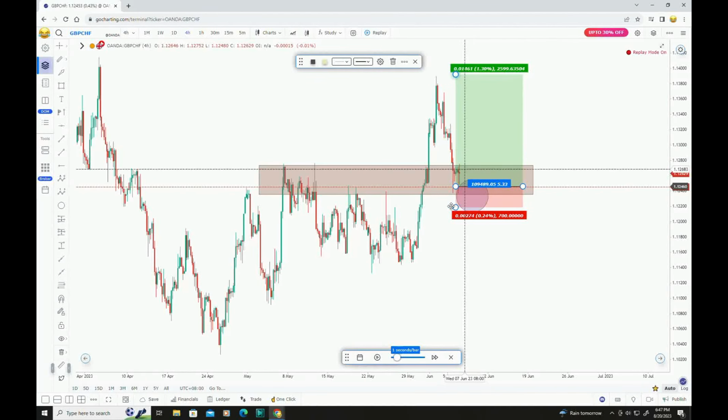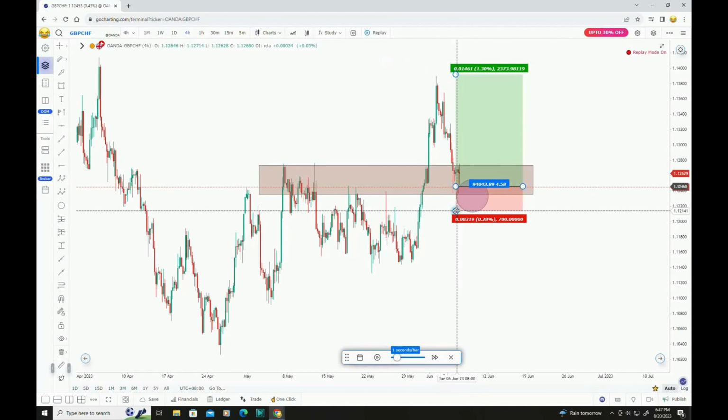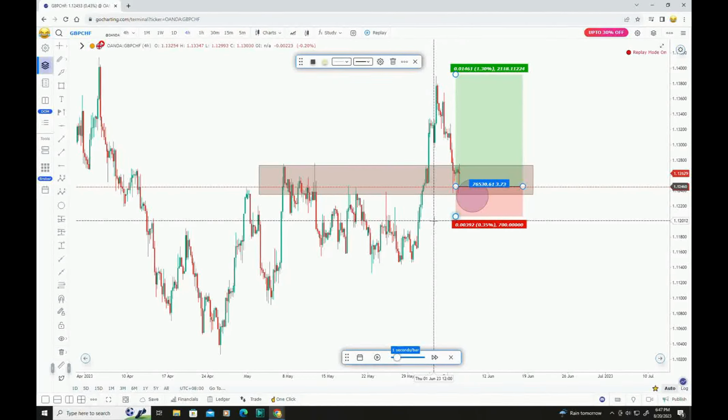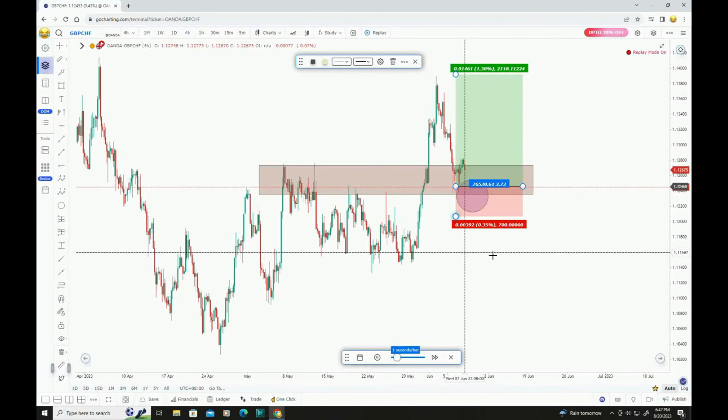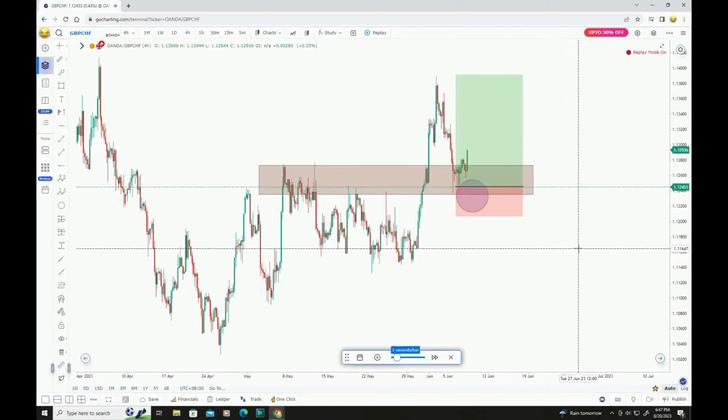Stop loss around here. It's now 1 to 3, 1 to 4, clean. So let us see what happens. The price starts going up a little bit, still at our entry, boom.